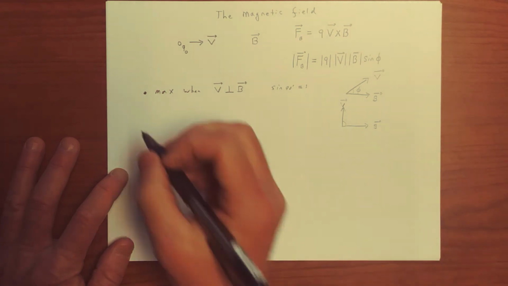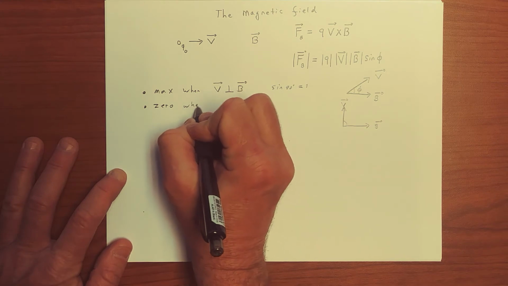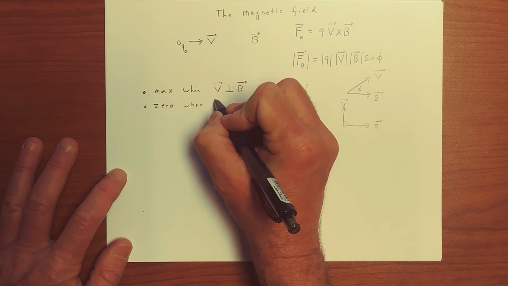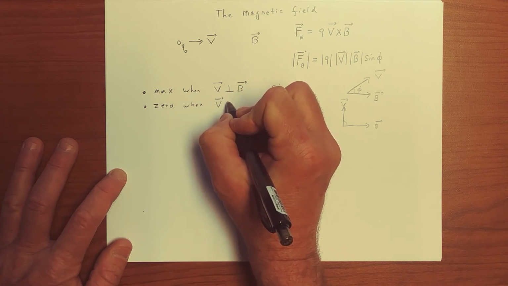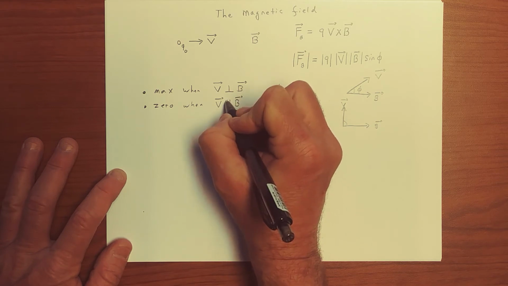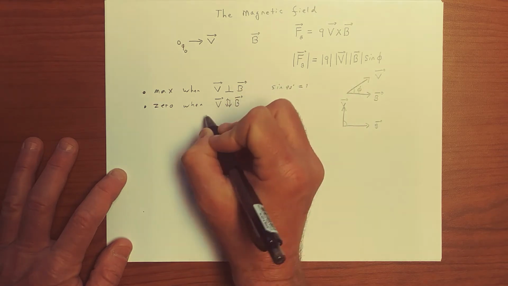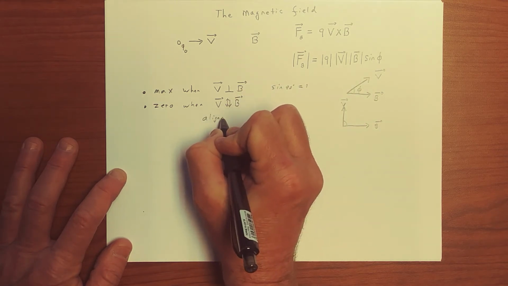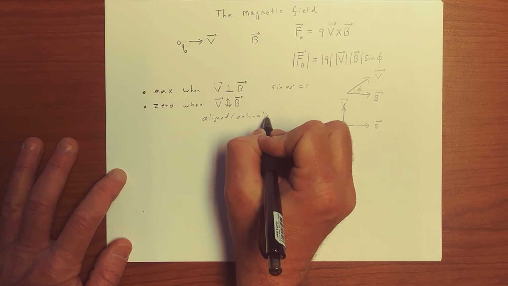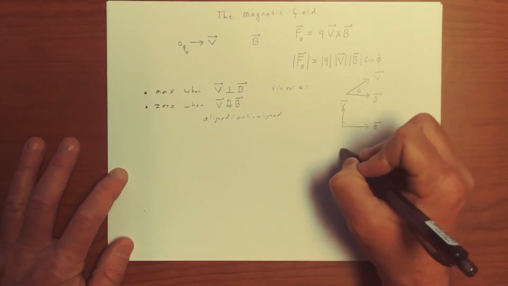And then we also have that the force is 0 when the velocity is aligned or anti-aligned. The velocity could be either this way or that way, and the magnetic field is that way. So that would look something like this.